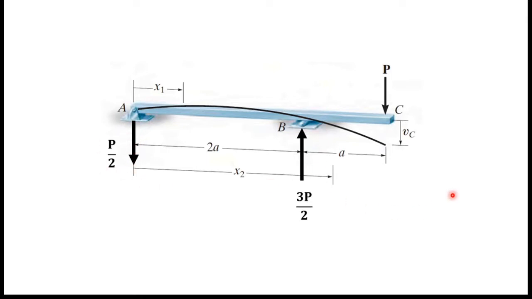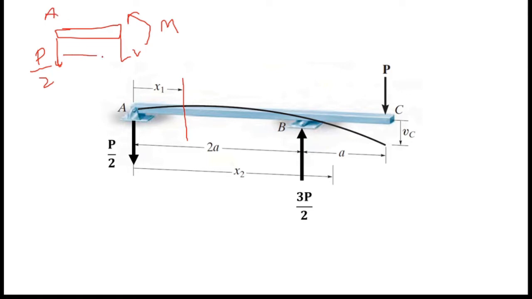Next I am going to cut this beam. First I cut this beam through this point. Then I will consider this part alone. This is the small part of the beam, and this is the shear force, this is the bending moment, and this is the support reaction at A, and I will mark this length as x1. Next I will consider the x2 part, so I will cut this beam through this point.